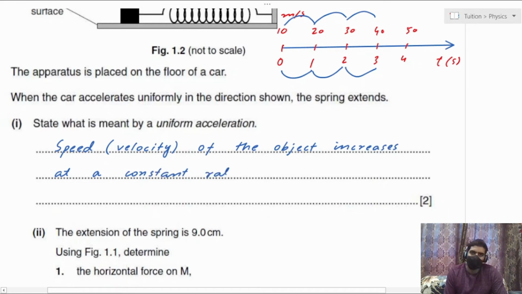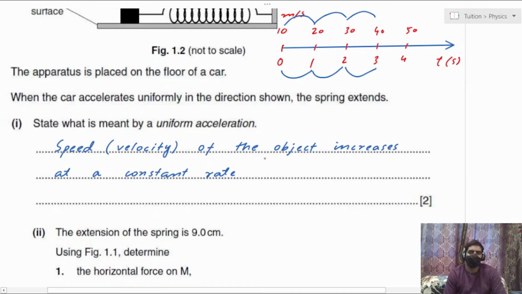And when I say it increases at a constant rate, you don't have to add with respect to time, because whenever you say at a constant rate, that itself means with respect to time. If you write with respect to time another time, you'll be writing the same stuff once again, so that may not be acceptable.